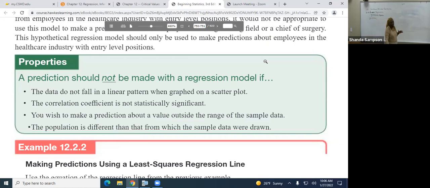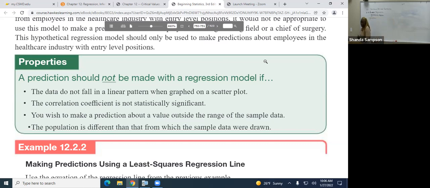If it's not linear, then you can't use the equation to make a prediction, because the regression line is for linear models, all right? You can't do one when the correlation coefficient is not statistically significant, which I brought up. If it's not statistically significant, then you can't make predictions about it.